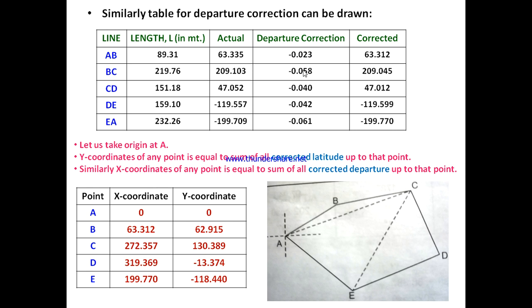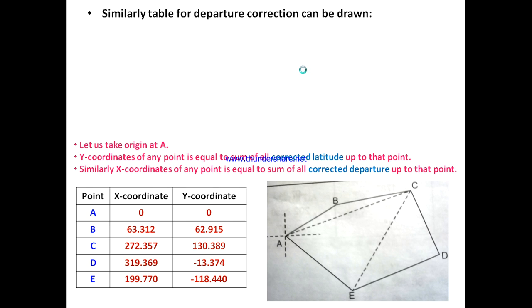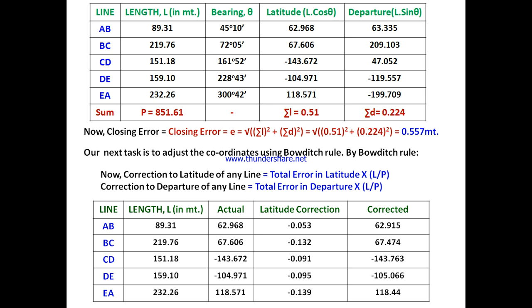Similarly for line DE, if I want to calculate the corrected latitude and corrected departure, you just need to take the total error in latitude, which is 0.51, into the length of the line, 159.10, upon the perimeter, 851.61.